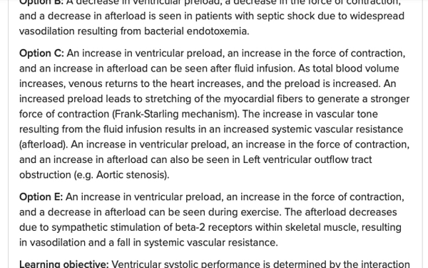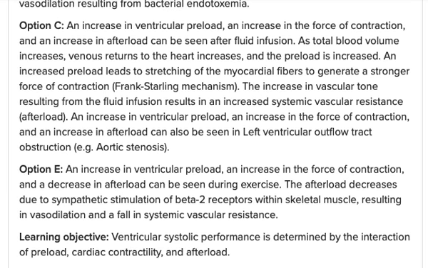Option C, an increase in ventricular preload, an increase in the force of contraction, and an increase in afterload, can be seen after fluid infusion. As total blood volume increases, venous return to the heart increases, and the preload is increased. An increased preload leads to stretching of the myocardial fibers to generate a stronger force of contraction, the Frank-Starling mechanism.